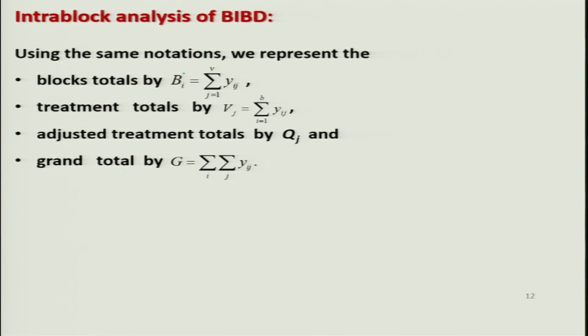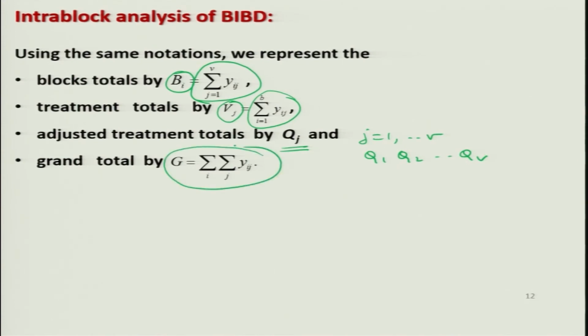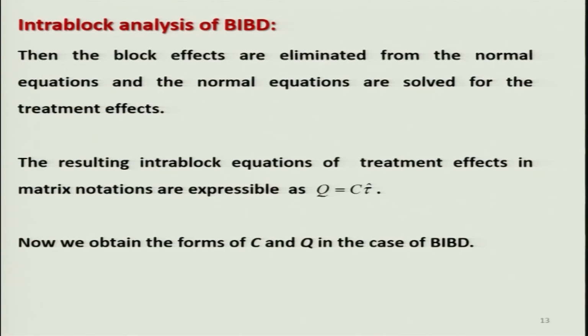We present the block totals by Bi, which is summation over j of yij, the treatment totals by Vj, which is summation over i from 1 to b of yij, the adjusted treatment totals Qj, with j going from 1 to v, so we had Q1, Q2, up to Qv, and the grand total, that is the sum of all the observations, double summation over yij, by G. I will try my best to use the same symbols and notation that we had used earlier, so that there is no confusion.